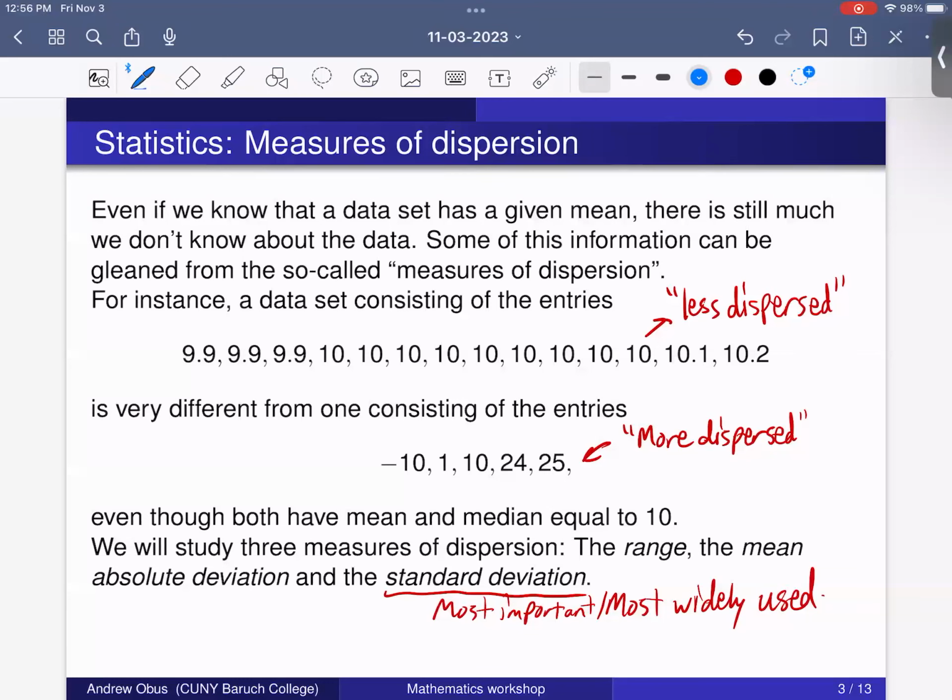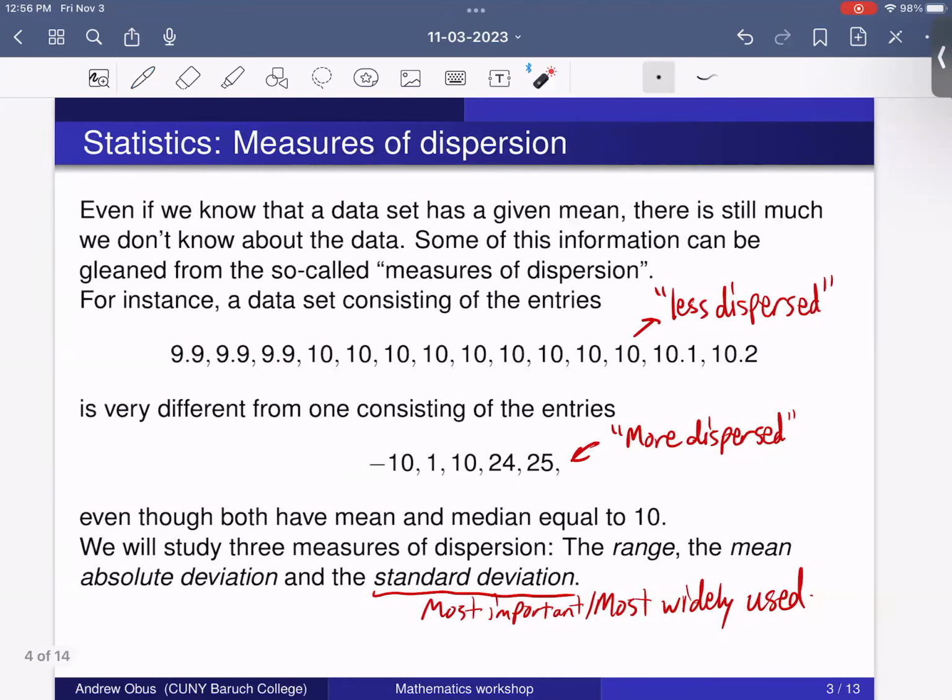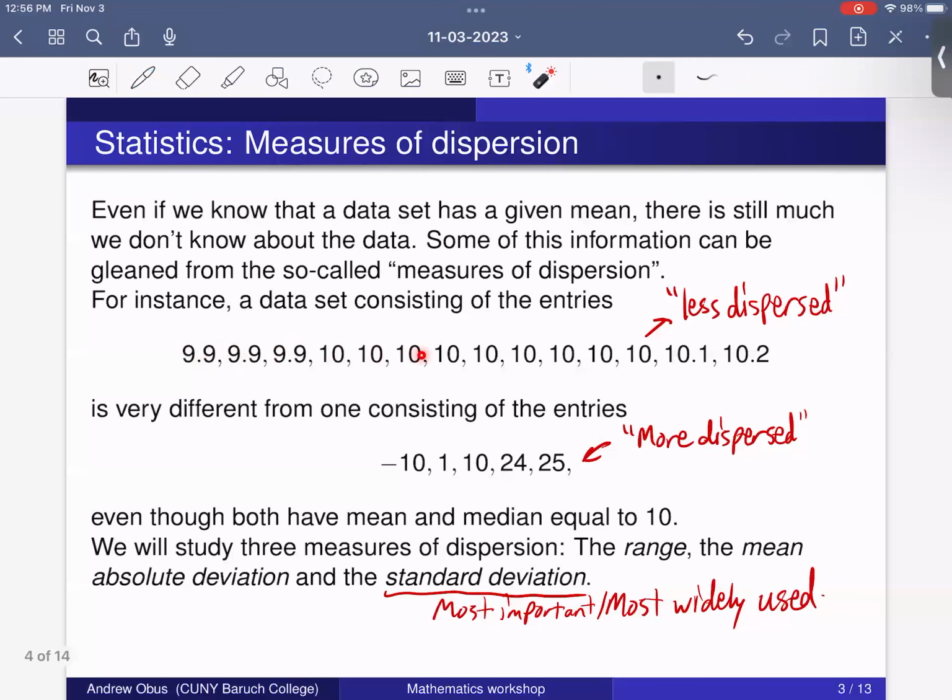Right. So what I really mean is, the mean just means if I take the average of all of these data entries. So if I do 9.9 plus 9.9 plus 9.9 plus 10 plus 10 plus 10 plus 10 plus 10 plus 10 plus 10 plus 10 plus 10 plus 10.1 plus 10.2, and then I divide it by the number of entries.